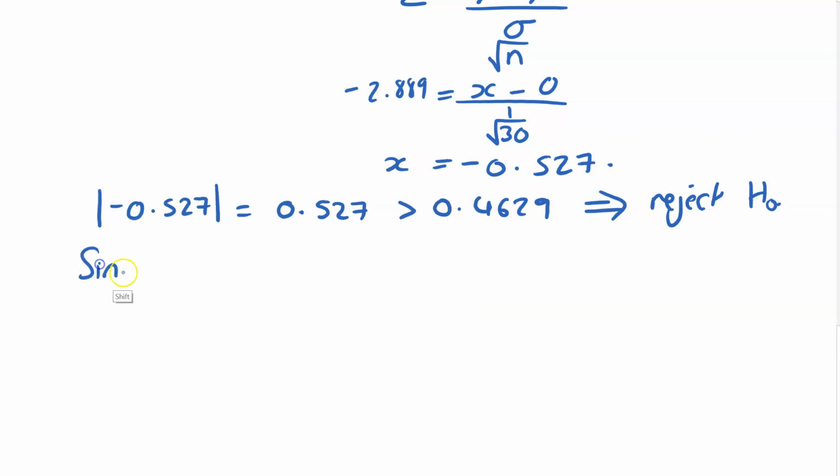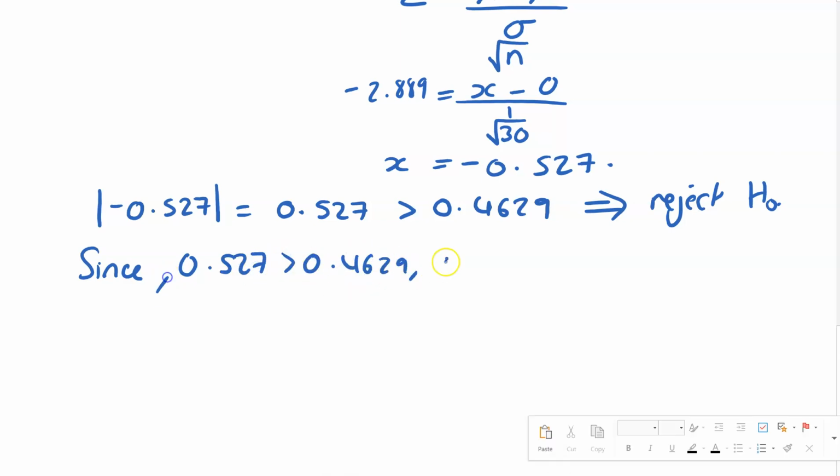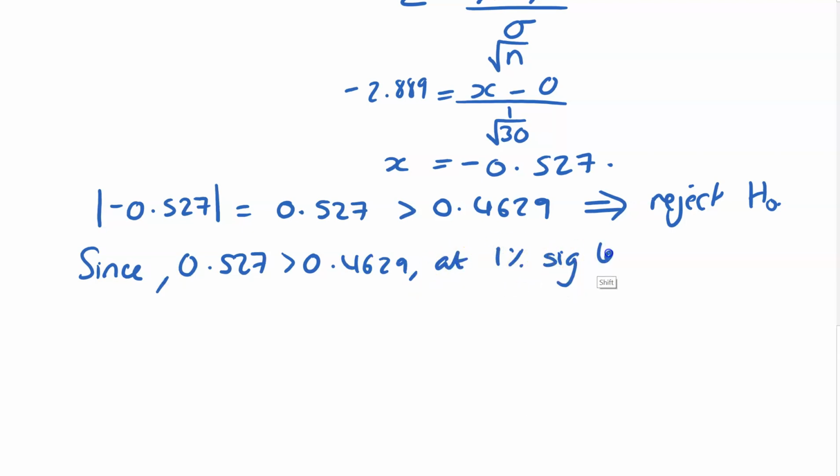So since 0.527 is greater than 0.4629 at the 1% sig level, reject H0, and then put it in context.